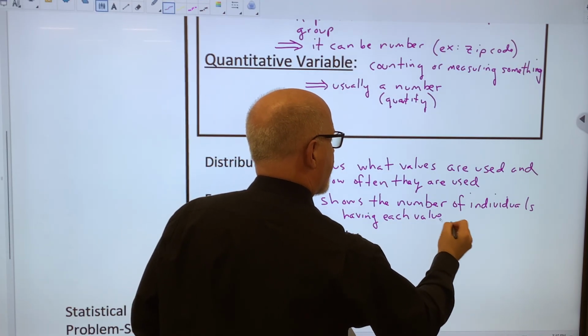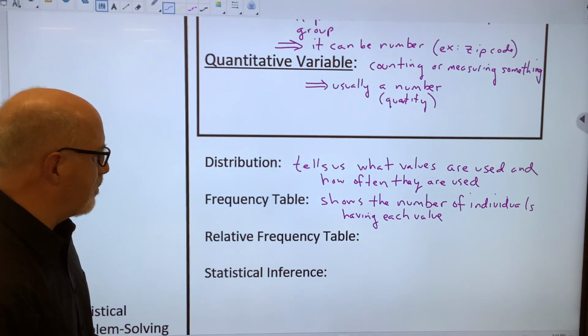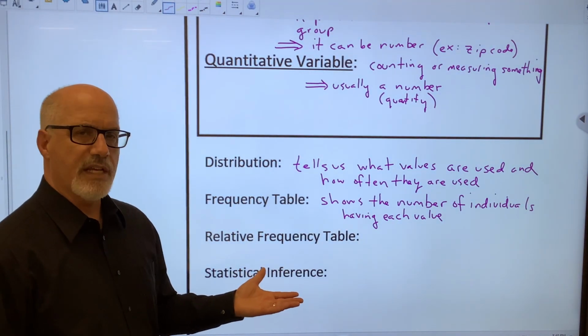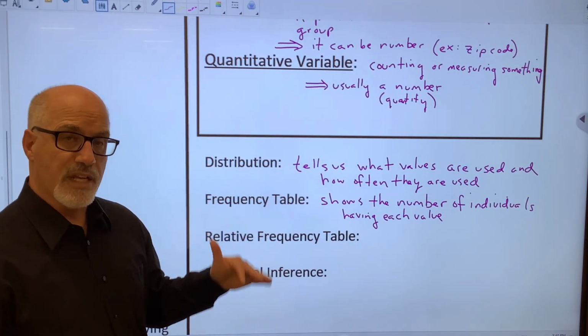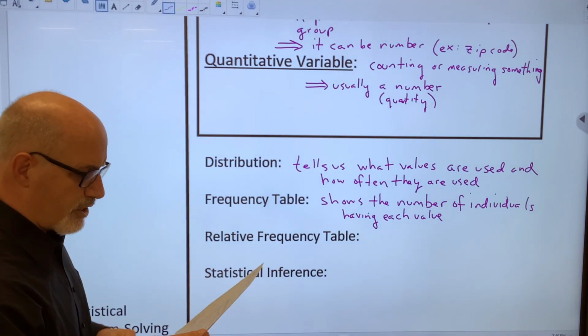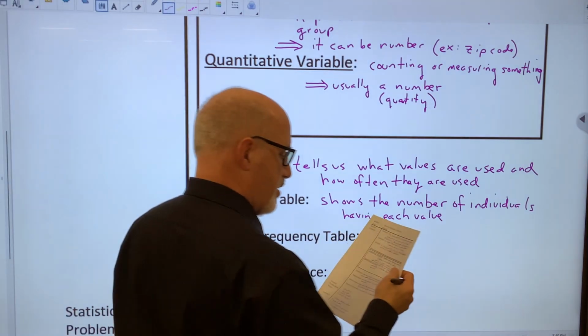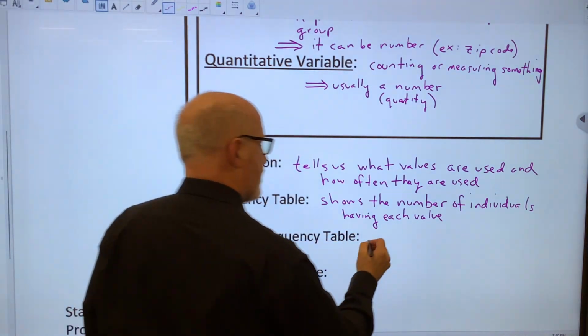Okay, so we'll look at a frequency table example in just a little bit. A relative frequency table will do a little bit of a summary of talking about what the percentage is or maybe the ratio that it is for it. So it shows the proportion or percentage of individuals.